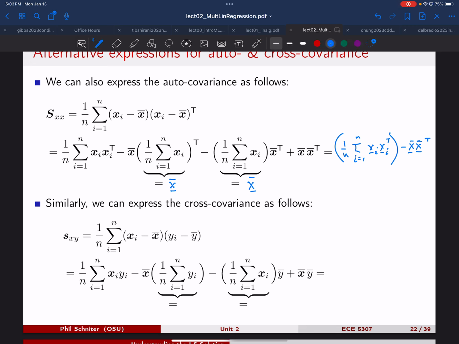And so what do we call this guy? The average of the yi's is? What's the average of the yi's called? The sample mean of y. Yeah. How do we write it? Y bar, exactly. Y bar, and then over here, just like above, we have x bar. And once again, let's see.